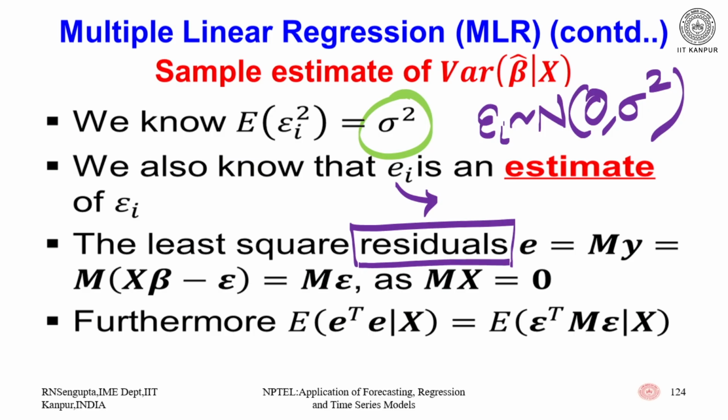The least square residuals e are given by the fact that we are able to find out the expected value of the square of the residuals. In the same way as I am trying to find out the sum of the squares of the errors, we are trying to find out the sum of the squares of the residuals. Residuals are denoted by e, the alphabet e in English, and this error is denoted by epsilon, the Greek alphabet.